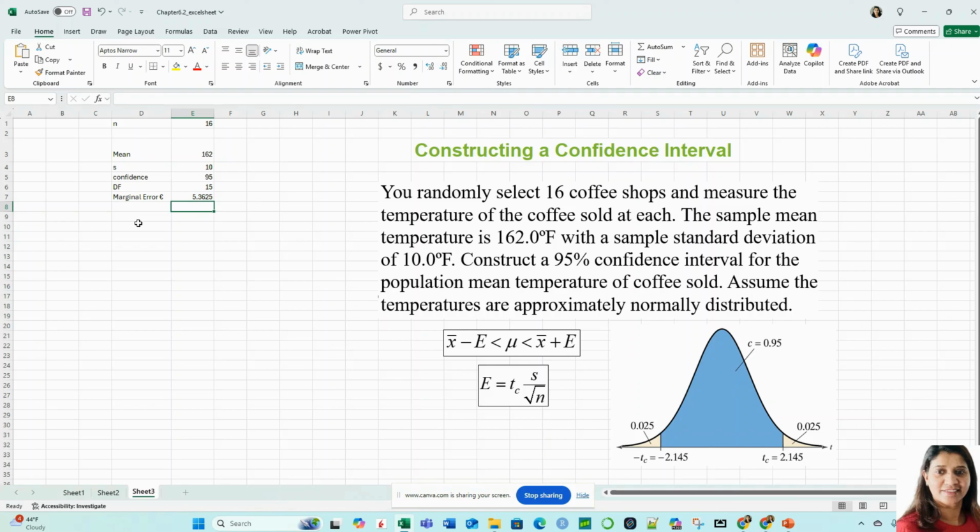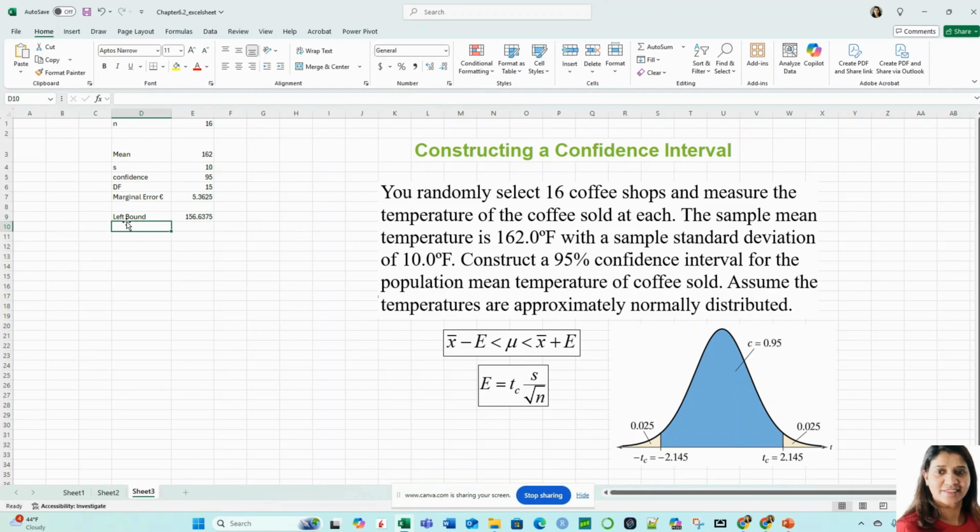In order to find the left bound of the confidence interval, we type equal the mean, 162, minus the margin of error, and enter it.